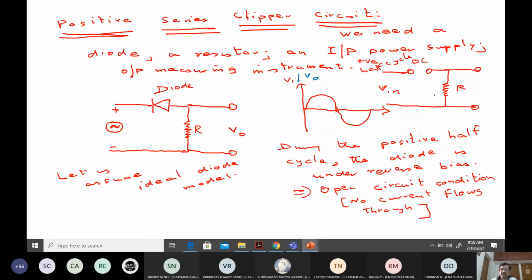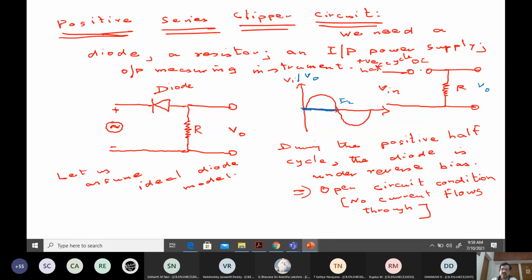So during the positive half cycle, the diode is cut off or open circuit, and there won't be any current flowing through. No drop appears across the resistor, which means the signal has been removed during the positive half cycle, and my output, until this point T by 2, that is the time period T by 2, there is no signal whatsoever.